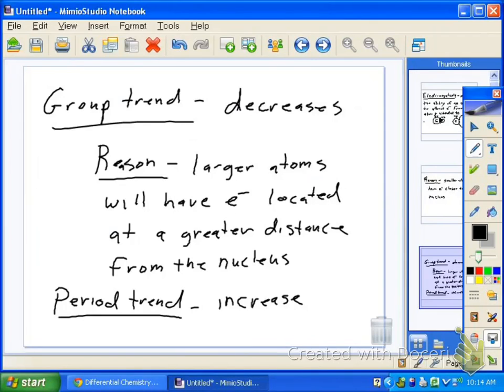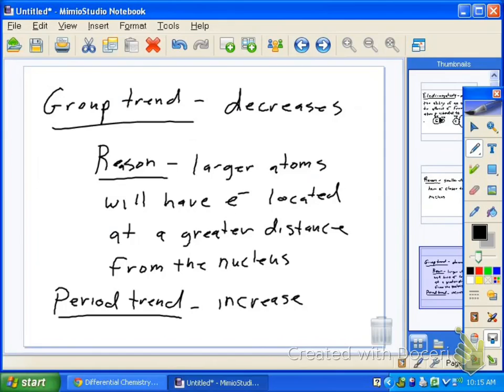It becomes greater and greater as you go down a group. So a lot of times you say the reason would be that the size of the atom is larger, which creates greater distance between the electron and the nucleus. Larger distances between two attractive forces means that the attractive force will decrease. And that's the reason.